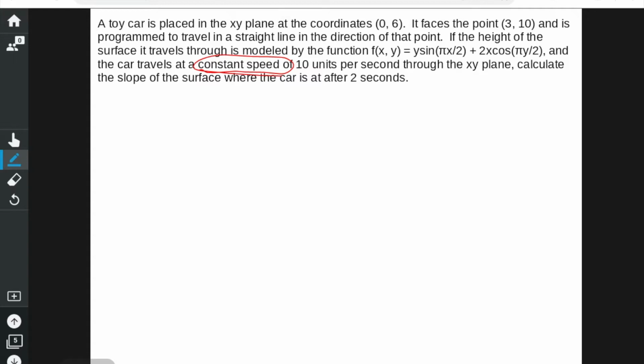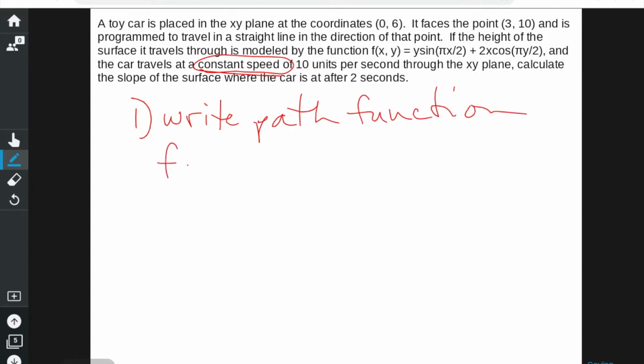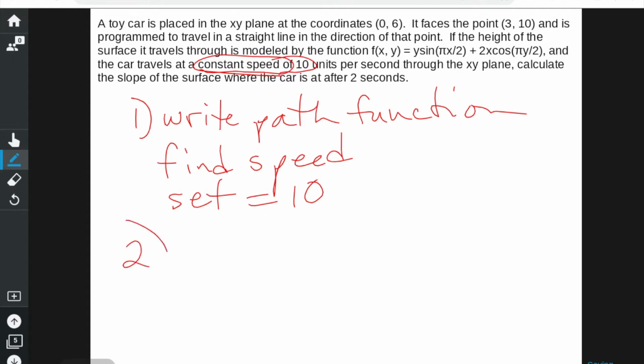So for step 1 of our plan, we're going to see if we can write a vector valued function for our path, a path function, and then use that function to find a speed function, and then set it equal to 10 and see what that yields for us. If I was a student, that might be one attempt I would go through.